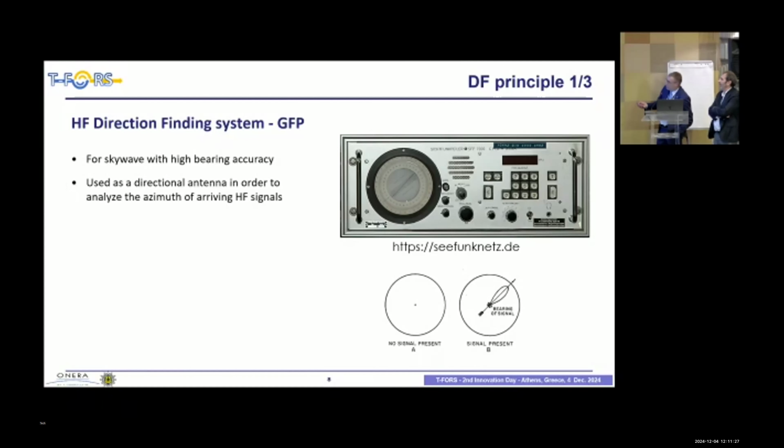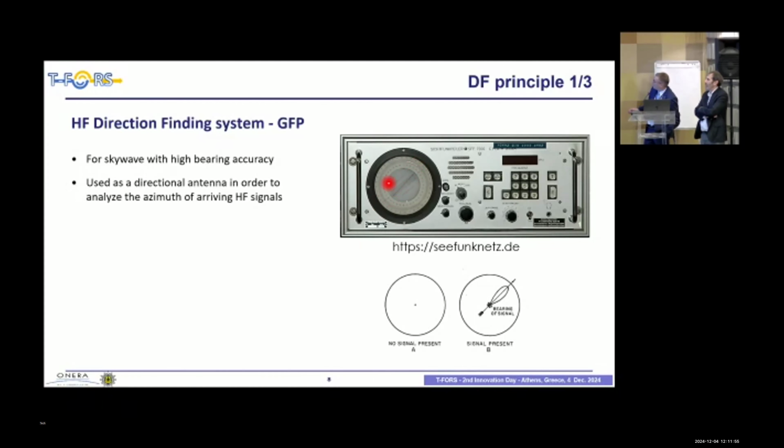We see here 360 degrees, and for example the signal comes from 45 degrees. You have a lightning on the screen, and the receiver is able to cap one side, and the other side shows you where the signal is coming from.